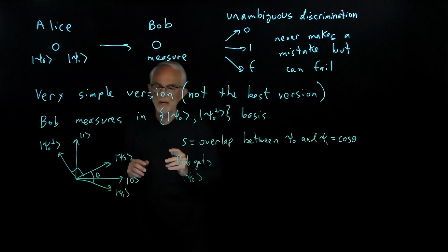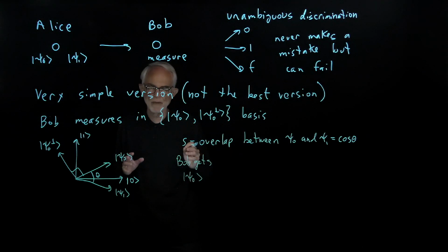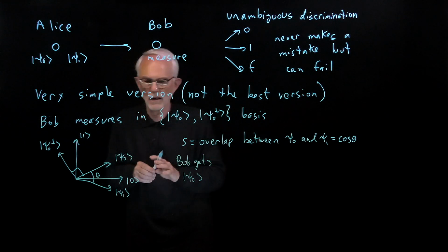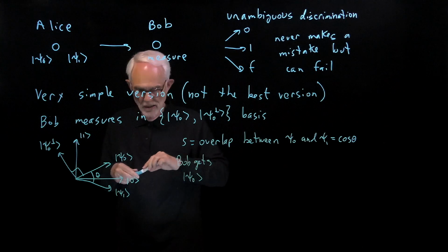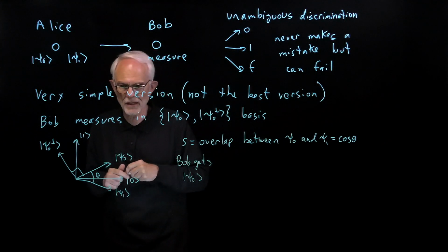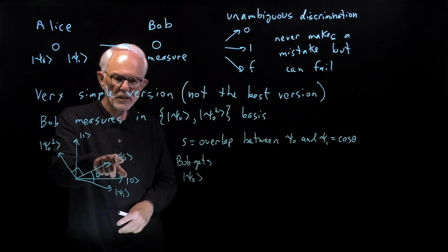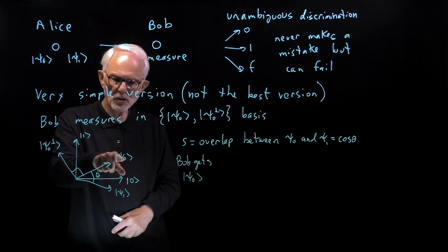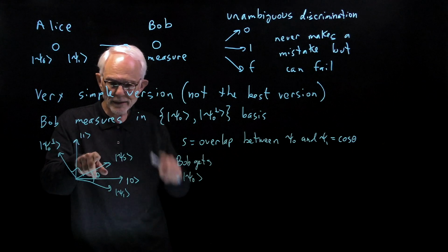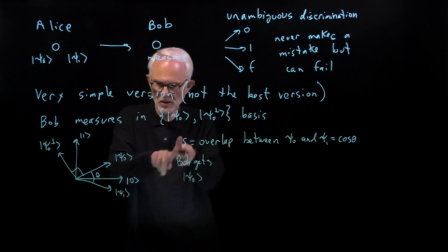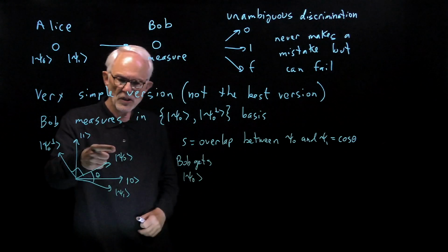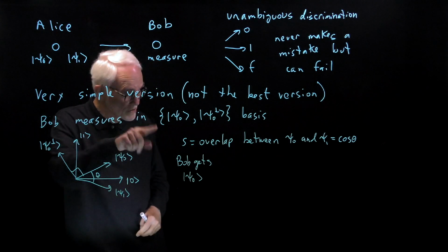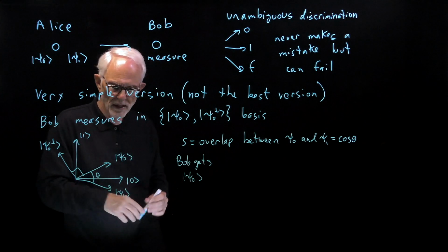In this case, the conclusion should reflect the fact that he does not want to make a mistake. And he really can't conclude anything, because if he gets psi0, obviously psi0 has an overlap with itself of 1, because it's the same vector. But psi0 also has an overlap of S, which is not 0, with psi1.